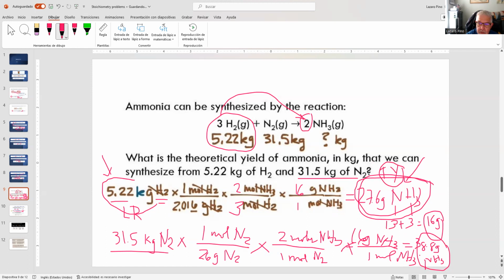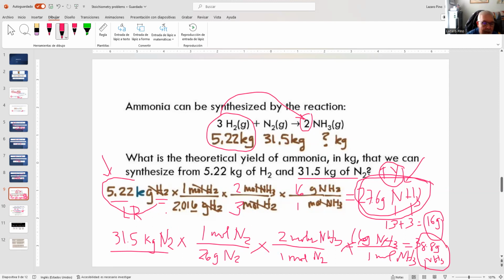Remember, you compare the amounts of product that you can produce from each of the elements or compounds that are given, and you choose the smaller one. What does it mean? That hydrogen will limit the reaction.